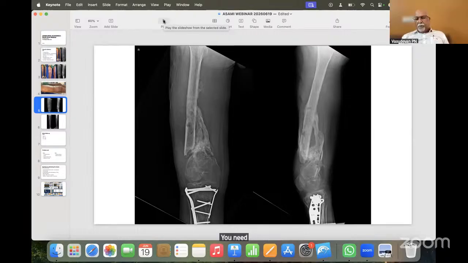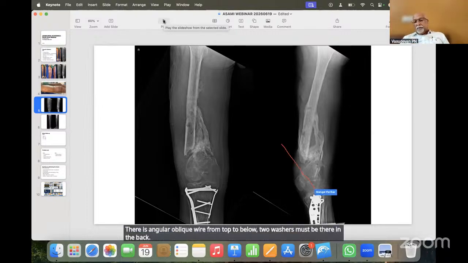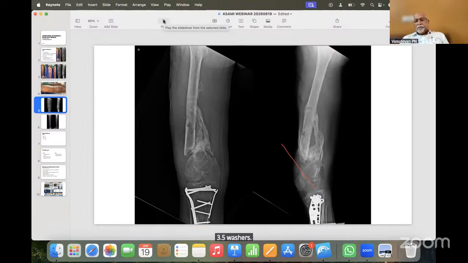You need 2 olive wires from behind, possibly with washers. Yes, there is an angular oblique wire from top to below. 2 washers must be there in the back. 3.5 washers. Okay, sir.